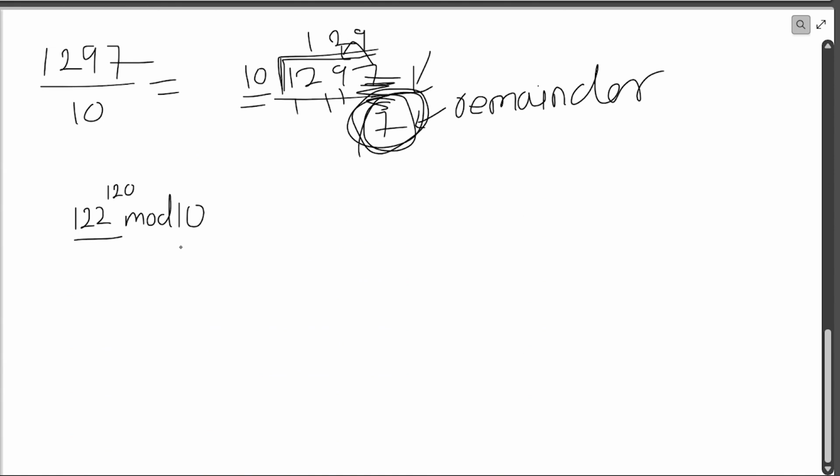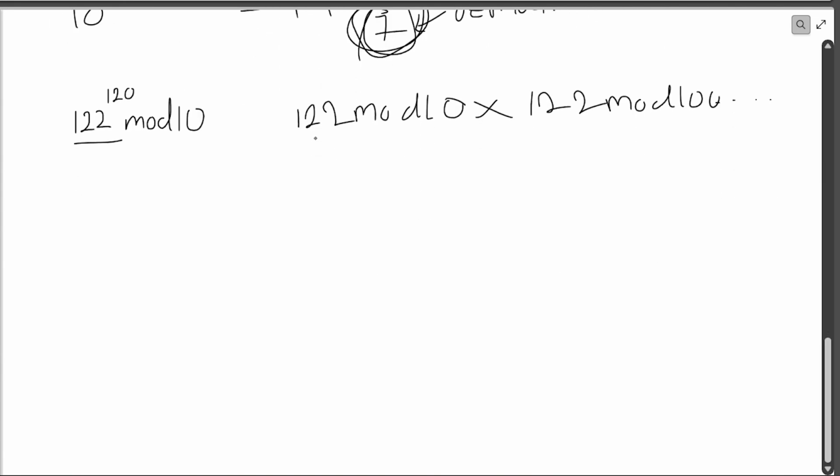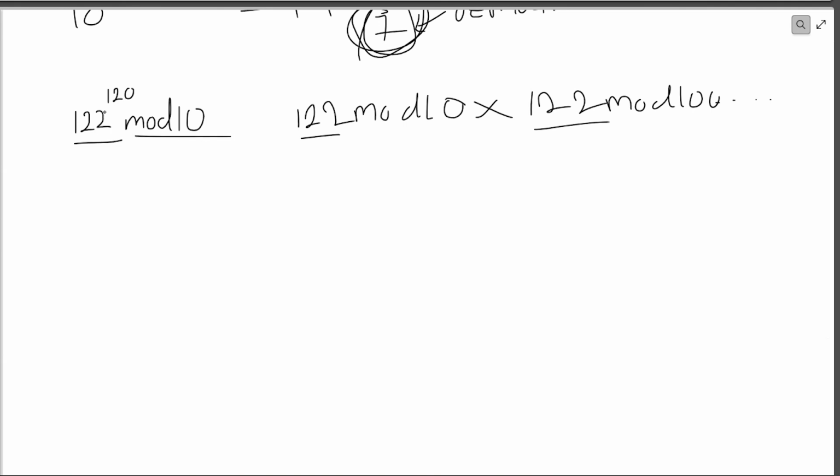So that means we can have 122 mod 10 into 122 mod 10 and so on. Taking the mod 10 for each of them, we know 122 mod 10 is just the last digit, so it's 2. So this essentially reduces to 2 into 2 into 2, how many times? 120 times.